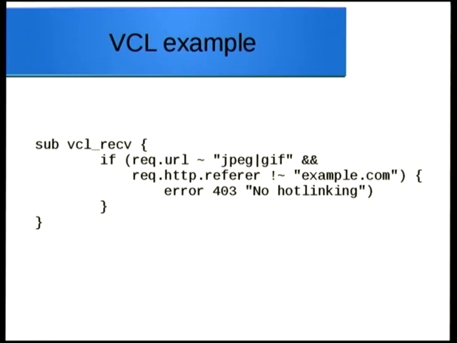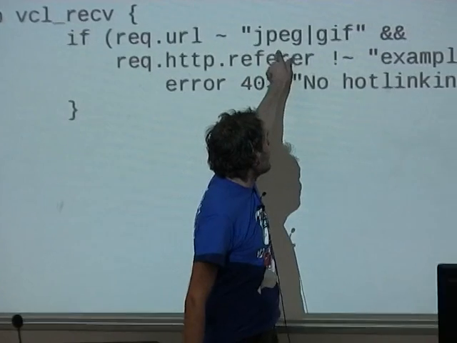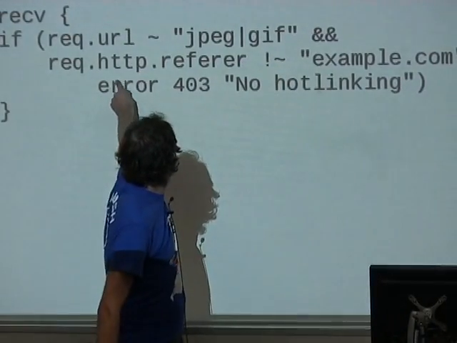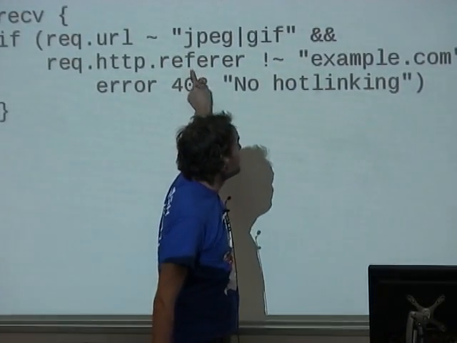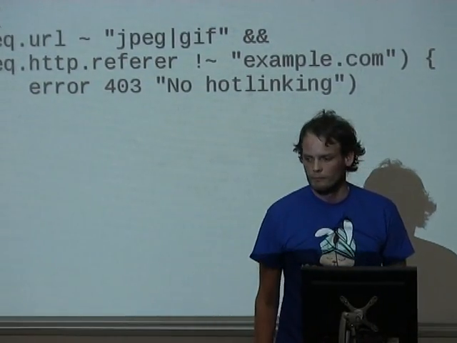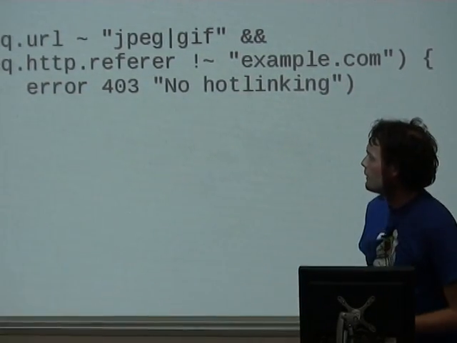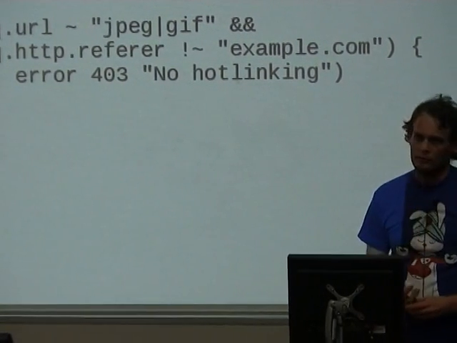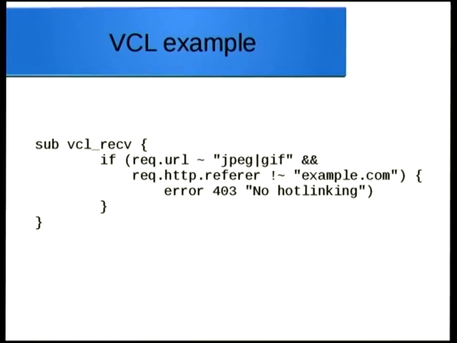The way they do that is with vcl_recv, which is the first function that runs. If the URL matches the regex JPEG or GIF, and the referer is not example.com, return an error. It's inspired by C and to some extent the syntax of Perl, but not Perl itself.